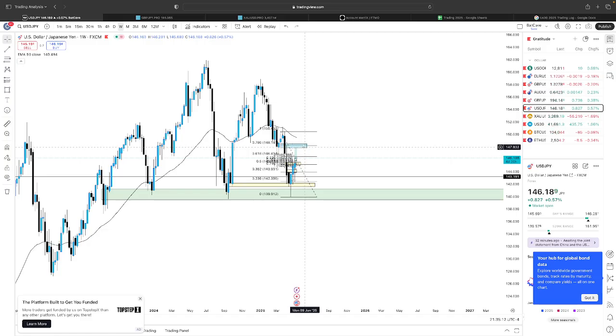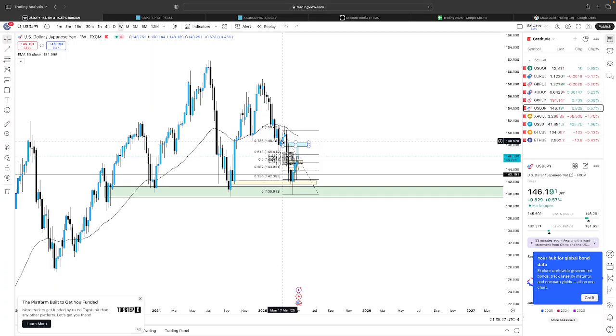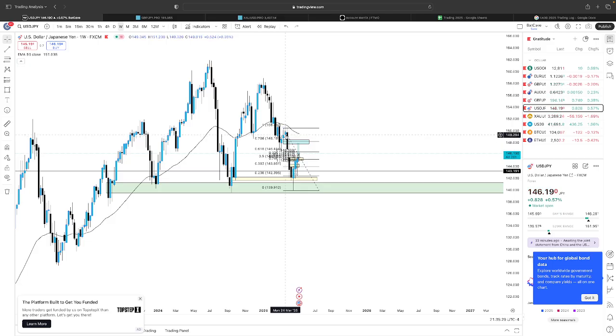78.6% Fibonacci retracement around this area here, as price action could look to reject off this lower low after the lower high was created.